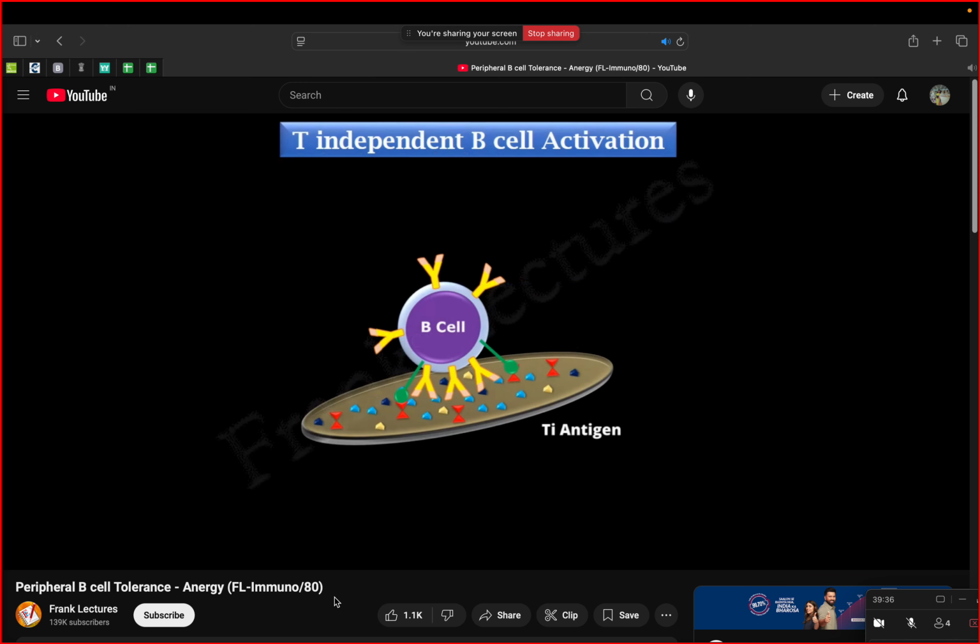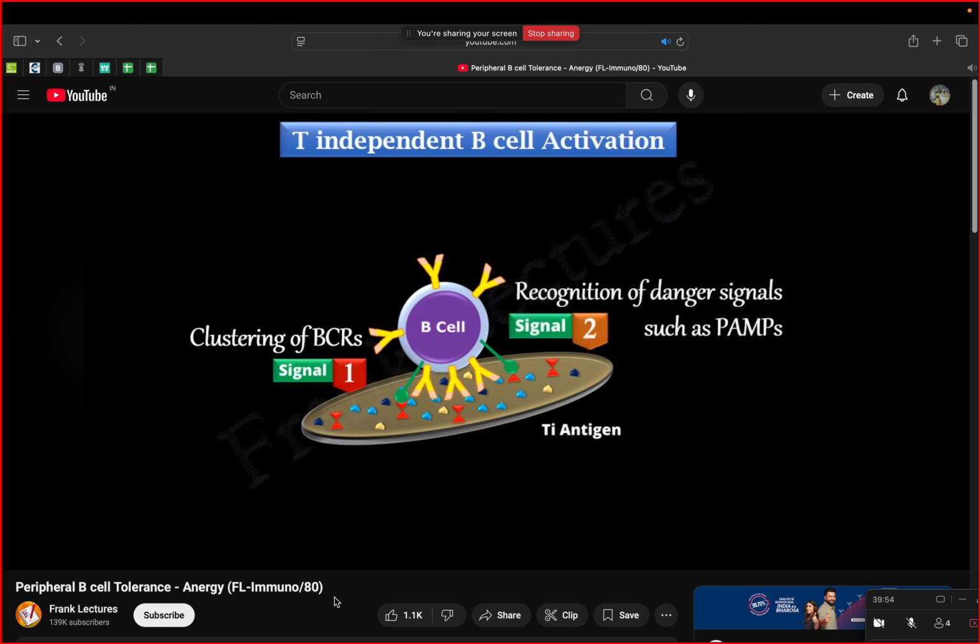T-independent B cell activation takes place when the antigen encountered by the B cell is multivalent. The first signal for B cell activation is generated by clustering or cross-linking of B cell receptors on binding to multivalent antigen. The second and final signal is generated by danger signals such as PAMPs associated with that antigen.